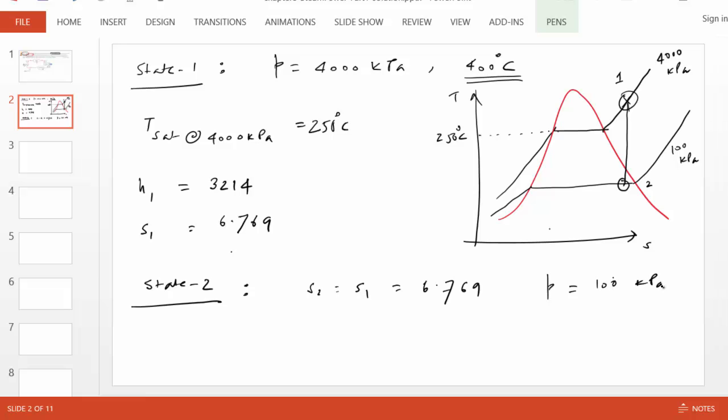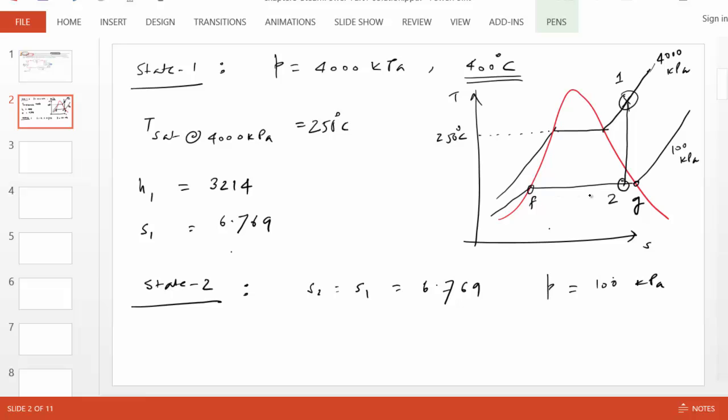So now that we know the pressure and we know the entropy, we have to figure out if state 2 is really in between the F and G state or not. We just randomly drew one here. If I drew one up there, then state 2 would be superheated. So right now we have no clue whether state 2 is inside the dome or superheated.